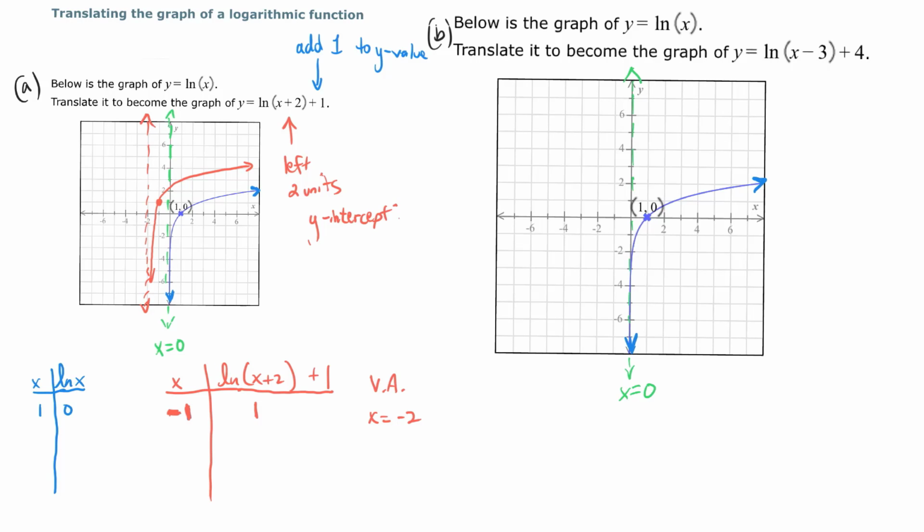Y-intercept. How do we find a y-intercept? The y-intercept is when x is 0. So y is equal to the ln of 0 plus 2 plus 1. So there's our y-intercept. Y is equal to the natural log of 2 plus 1.